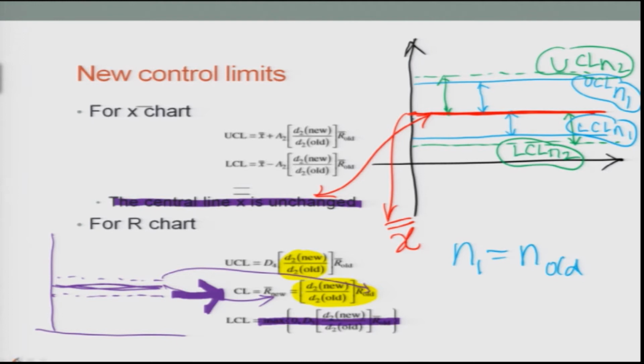I will use brown. So this is brown, not dark brown, not red. This would go to the upper control limit, and for the lower control limit I am using the same color. The lower control limit cannot go below 0. So this is the 0 line. It cannot be negative. That is why it is the maximum of 0 and whatever value you have.